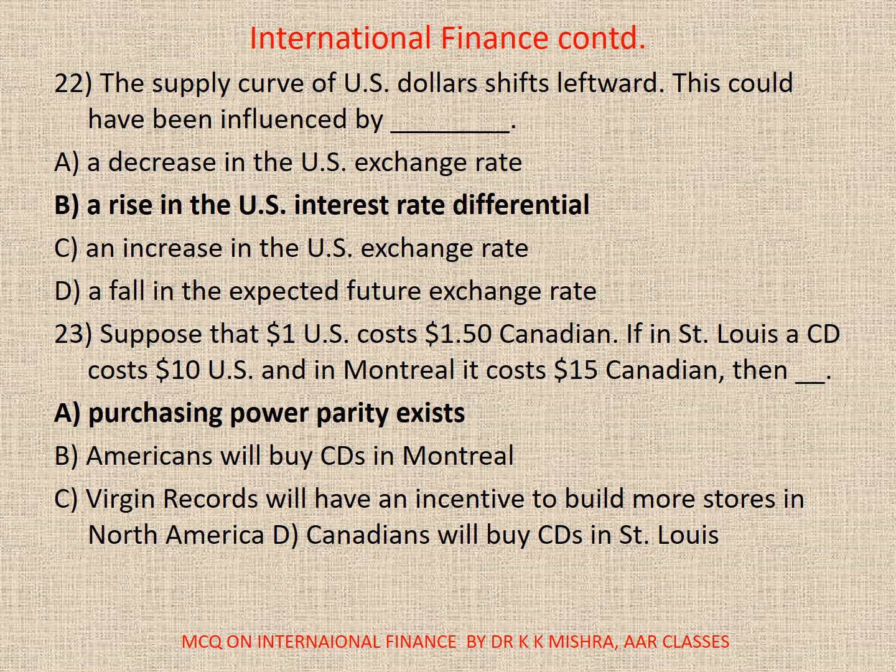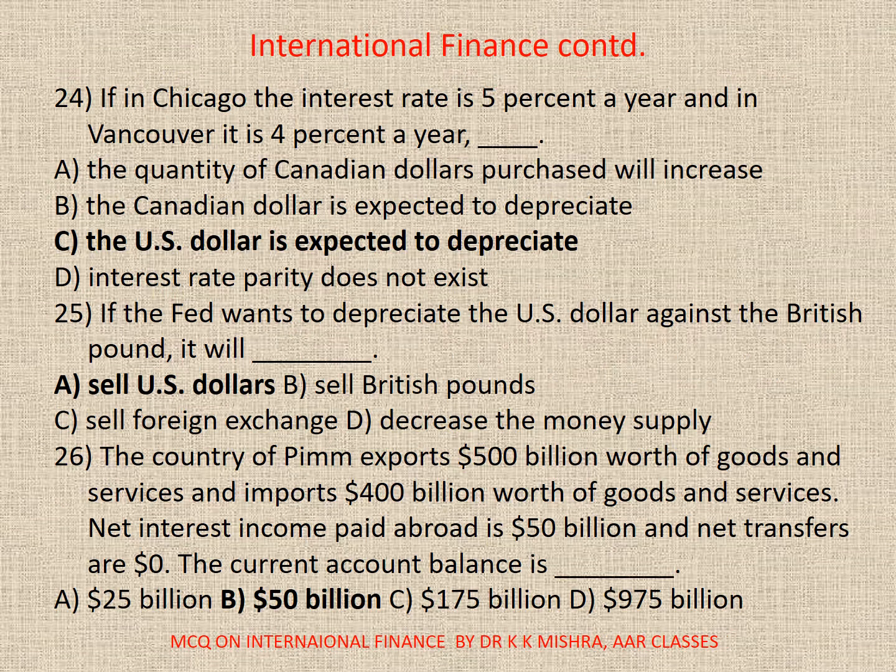23. Suppose that $1 US costs $1.5 Canadian. If in St. Louis a CD costs $10 US and in Montreal it costs $15 Canadian, then dash, correct option is A, purchasing power parity exists. 24.